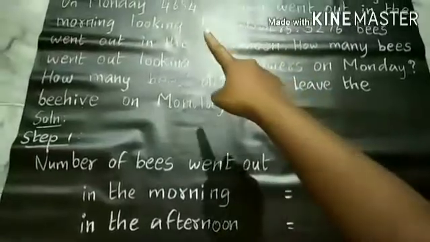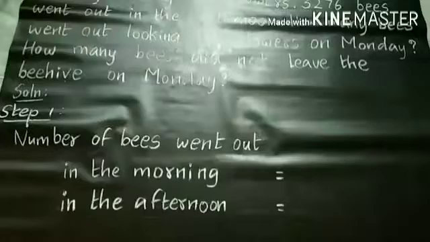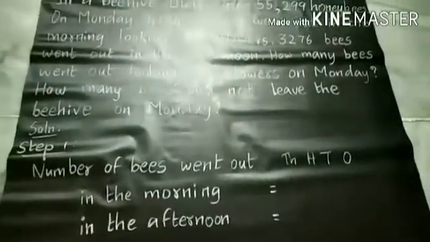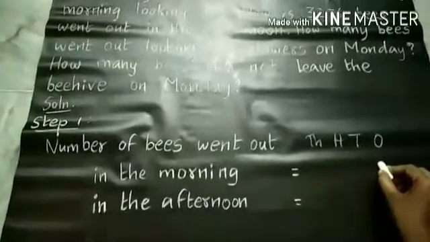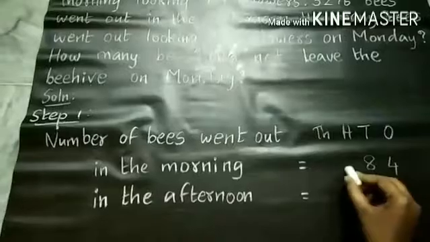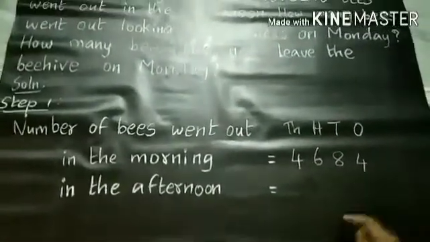Step 1. Students, first we are going to find the total number of bees went out on Monday. So first you write number of bees went out in the morning is equal to 4,684. Write the number from right to left.